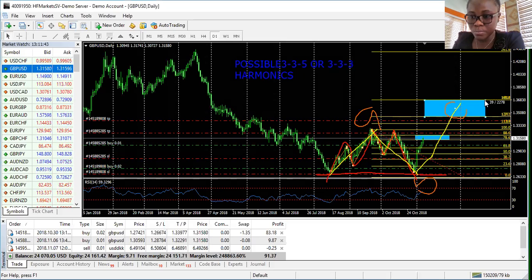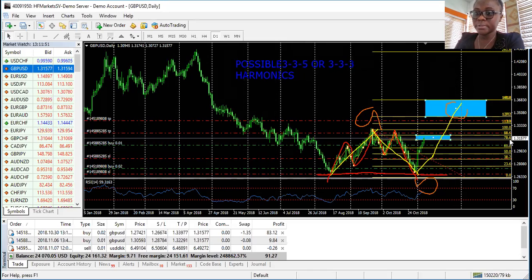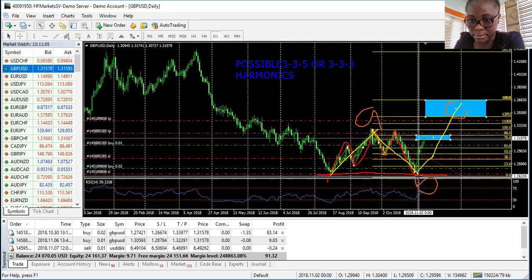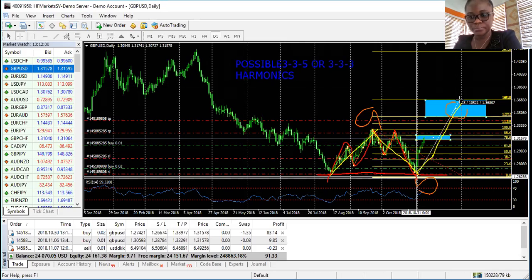At the moment we are at 78.6. And just imagine those who have been buying since last month, how much they could make. Just look at the number of pips they could make on this GBPUSD.